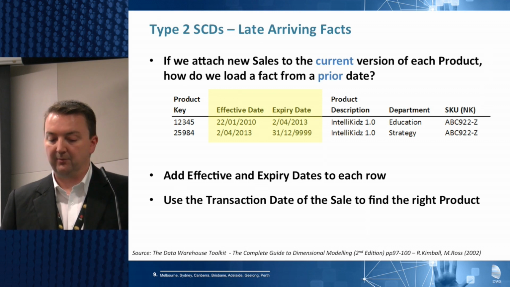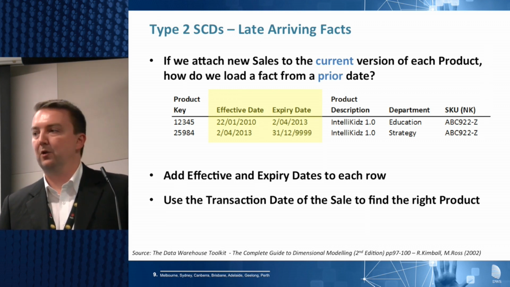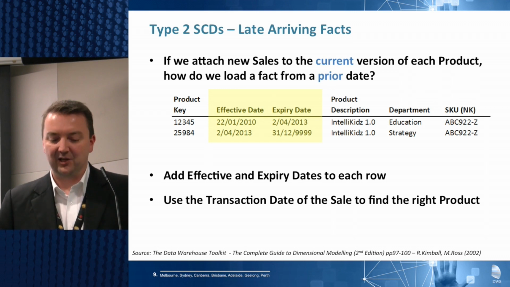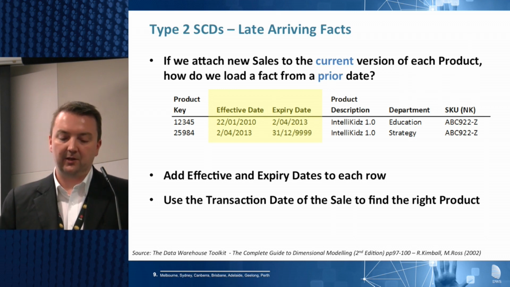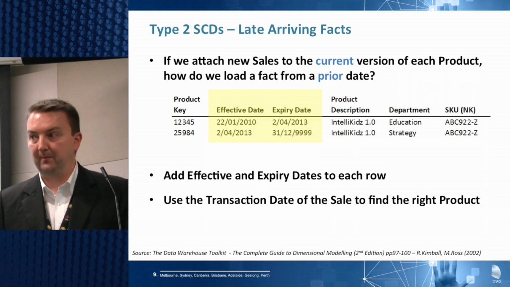For this particular example, my preference is that the expiry date is non-inclusive. So with the expiry date non-inclusive, any sales that occurred on the 2nd of April would go to the new row.